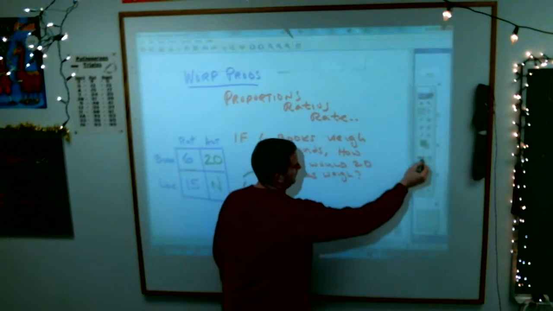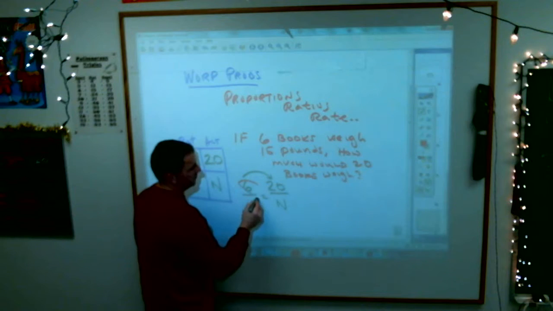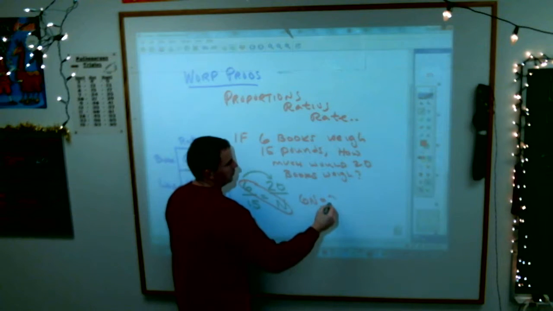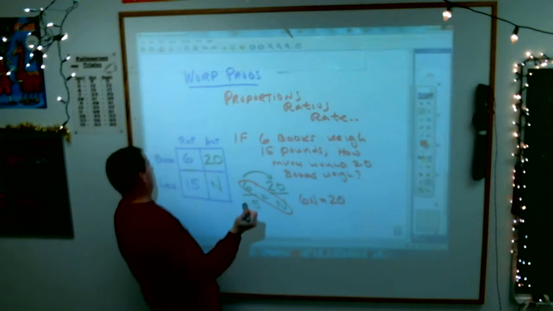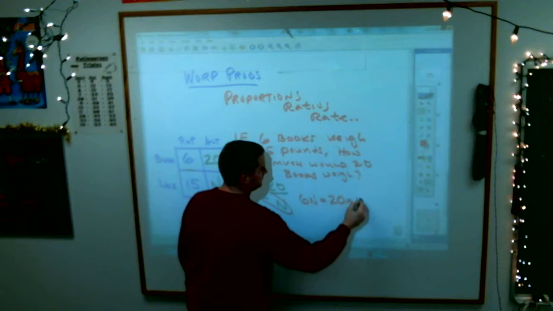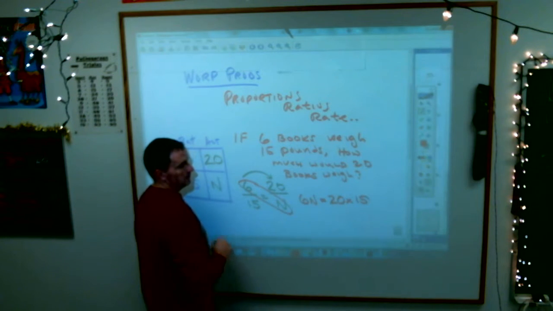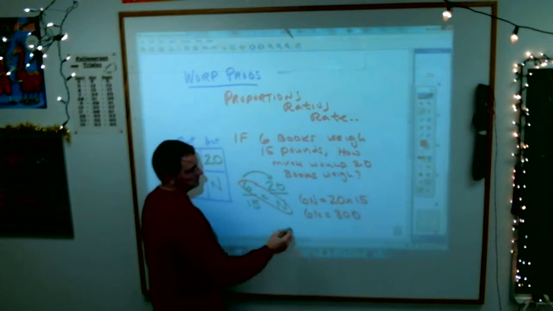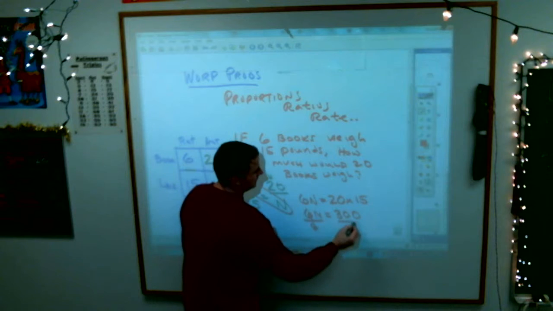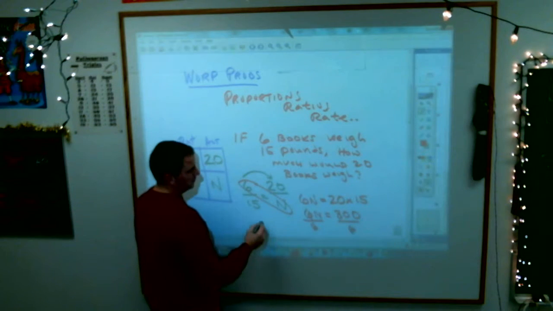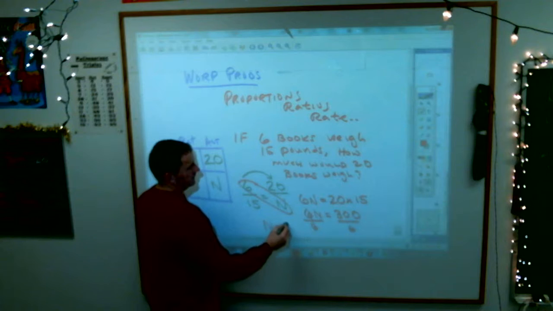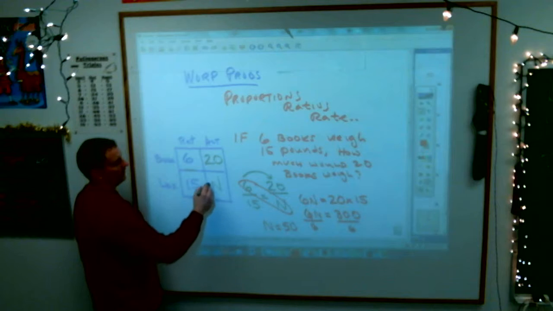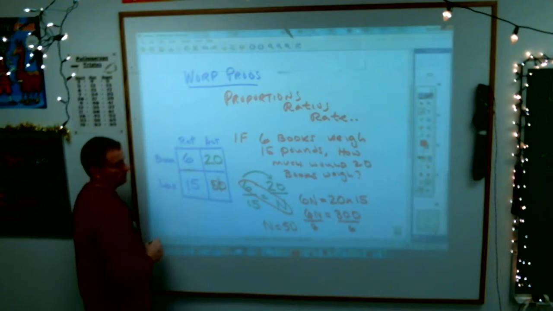Cross multiply, which means, and I always like to do the n part first, 6 times what number equals 20 times 15. And 6 times n then is going to equal 300. If you divide by 6 and you divide by 6, guaranteed 6 will go into 300 50 times. 20 books will weigh 50 pounds.